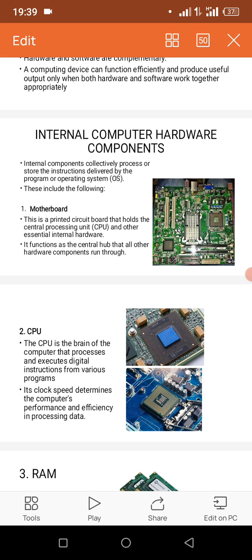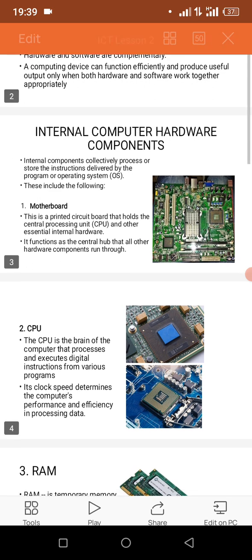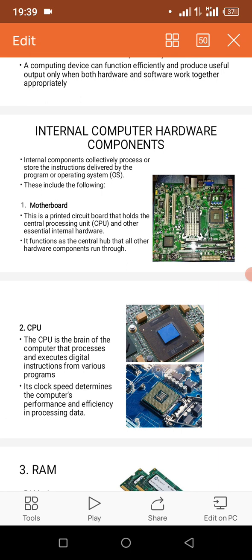For example, going on the definition, it says this is a printed circuit board that holds the central processing unit, the CPU, and other essential internal hardware.